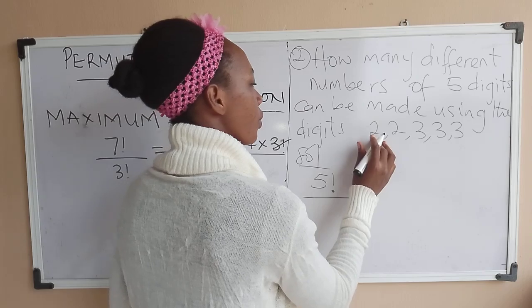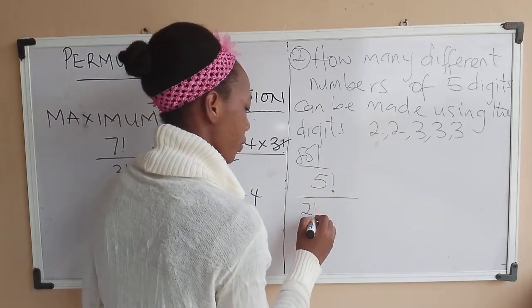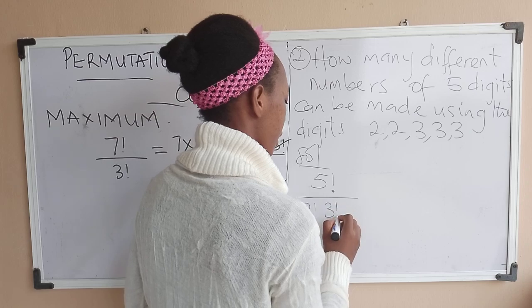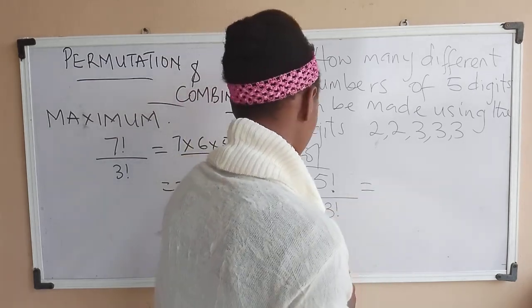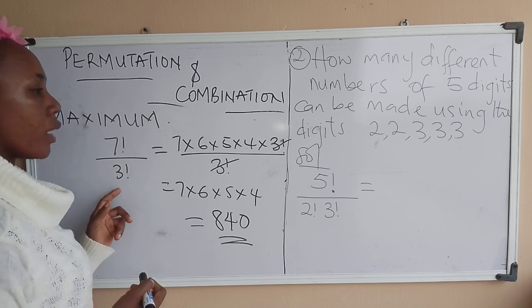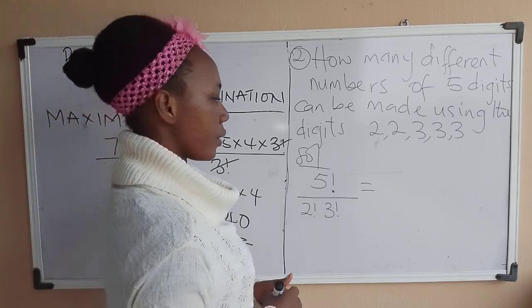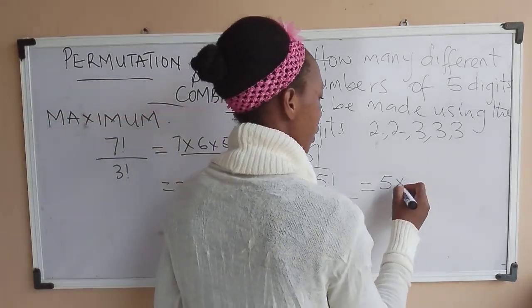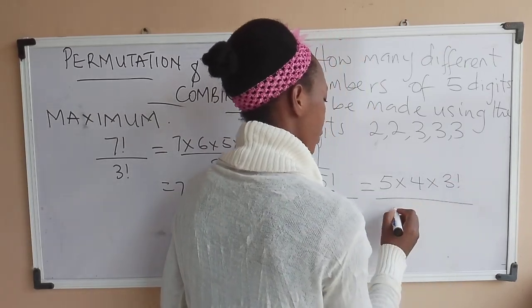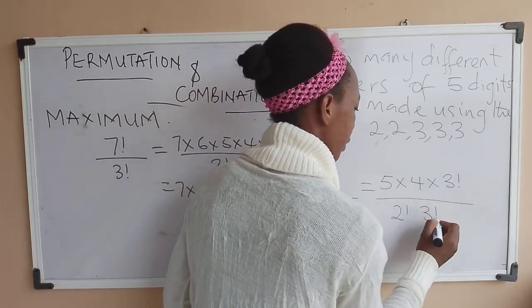So 2 appearing twice, we have 2 factorial. 3 appearing 3 times, we have it as 3 factorial. You get it here. We had m and we represented it by how many times it appeared. So this is 5 times 4 times 3 factorial all over 2 factorial 3 factorial.